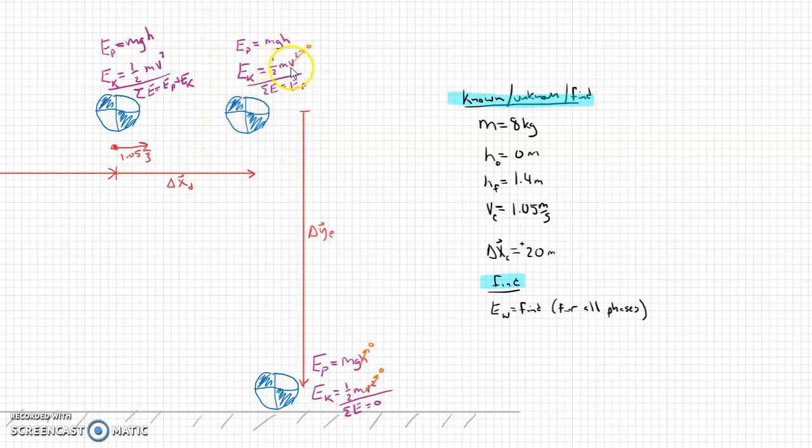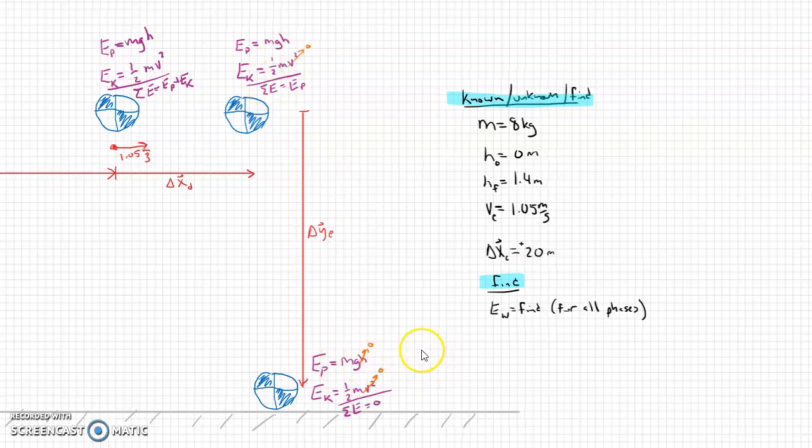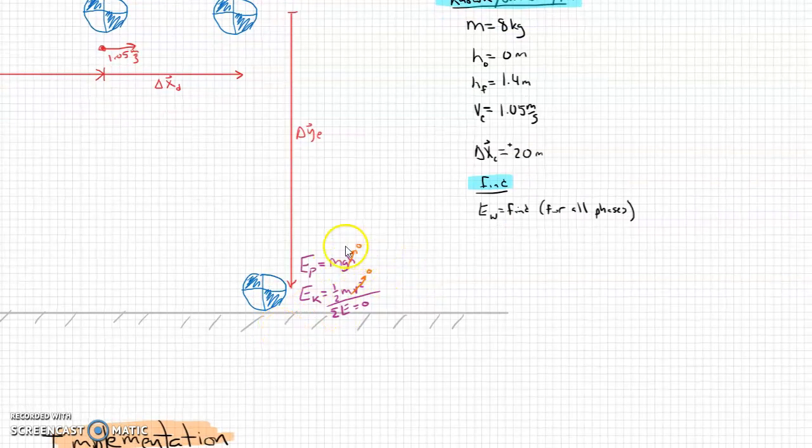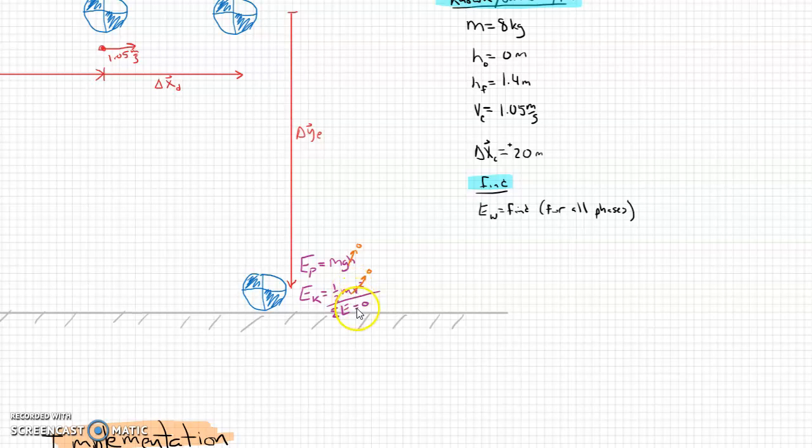The object is stopped, so there is no kinetic energy, but there's still gravitational potential energy, because it's still raised above the ground, that 0 level that we defined earlier in the problem. Then, to lower it down to the ground, the potential energy becomes 0 because it is on the ground now, and it's also been placed on the ground, so there's 0 kinetic energy as well. So there's going to be 0 energy altogether.